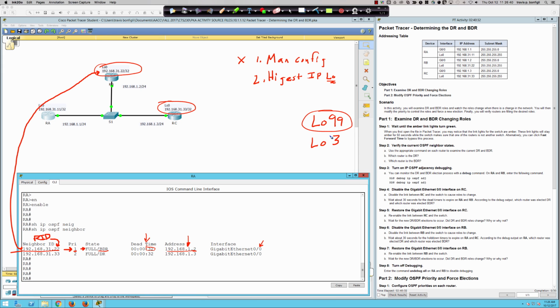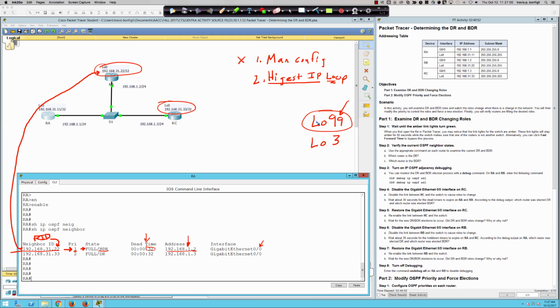No, that is not what that means. And this is, again, a very key point here. It's the loopback with the highest IP, right? So it's the highest IP'd loopback. Not the number of the loopback, the IP address of the loopback.